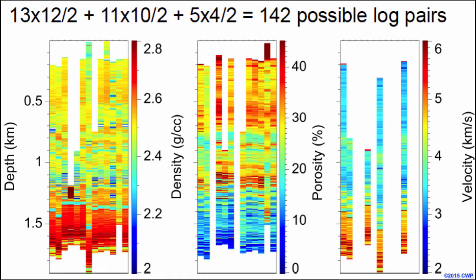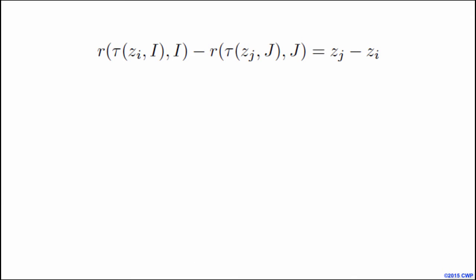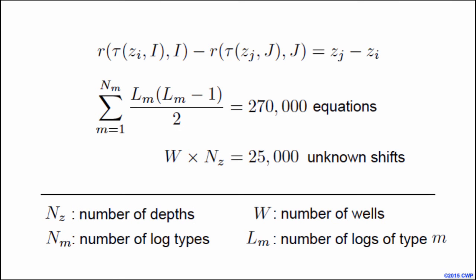While there are some minor modifications we must make to align logs of different types, the important thing to know is that from these sequences of corresponding depths, we can construct depth pair equations similar to those I showed earlier. The main difference is that now we have even more equations while the number of unknown shifts is unchanged, and so we can solve a similar least squares problem to that I showed earlier.